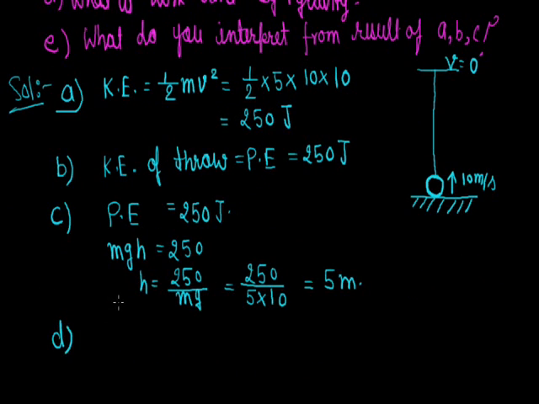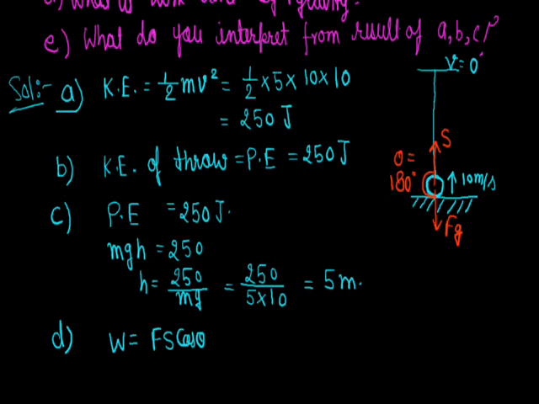Now D, what is the work done by force of gravity? As we know, work done will be given by the equation F s cos theta. During this motion, the force of gravity is in the downward direction and displacement of the ball is in the upward direction. So the angle between force of gravity and displacement is 180 degree.